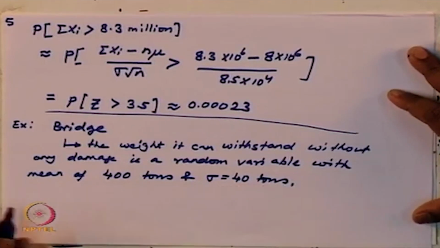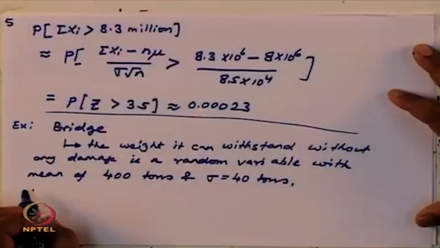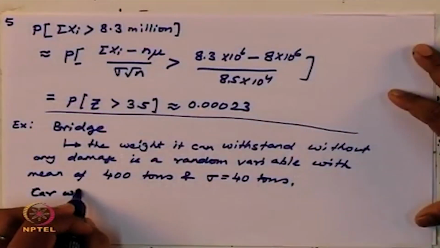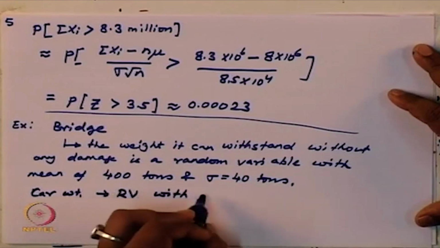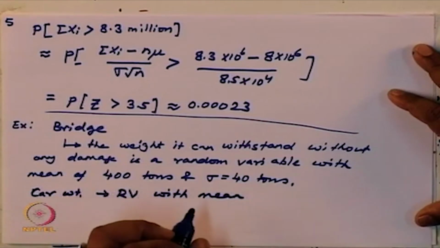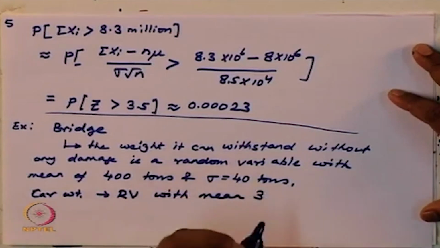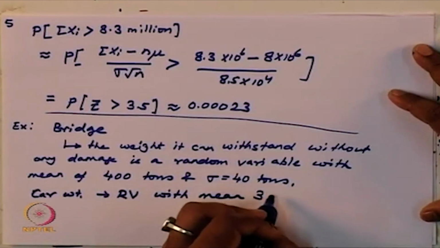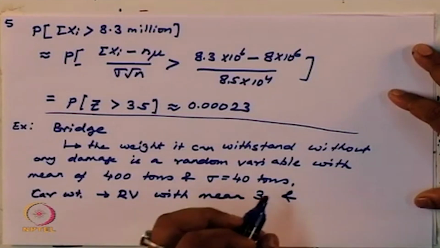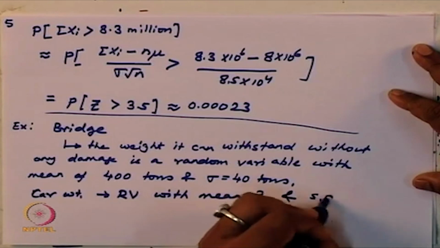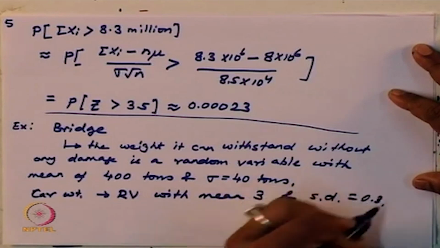Okay. So, cars ply on the bridge on an average. Okay. So, the car weight, imagine it is a random variable with mean 3, and with standard deviation 0.3.